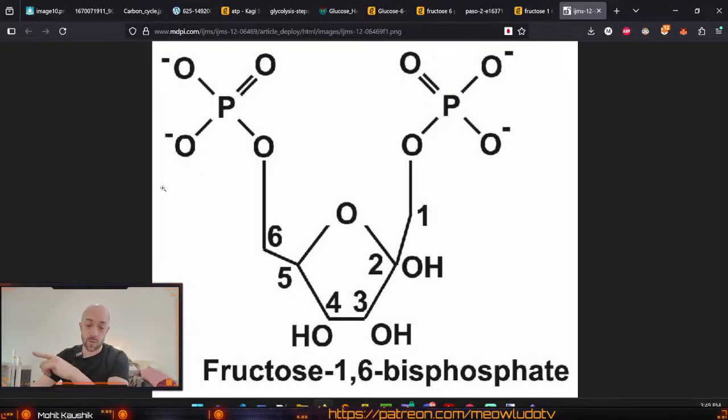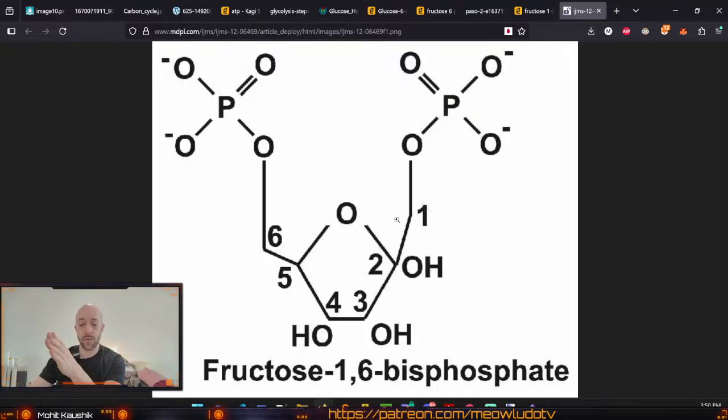This symmetrical structure is always really good because it means we can generally cut it in half and then do fun stuff with it. If you can get to this state, there's a good chance it's going to be cut in half in some way. Now, it's not going to be cut perfectly in half, though, is the only thing, because of this oxygen. You can't cut an atom in half. So we're going to have an oxygen.